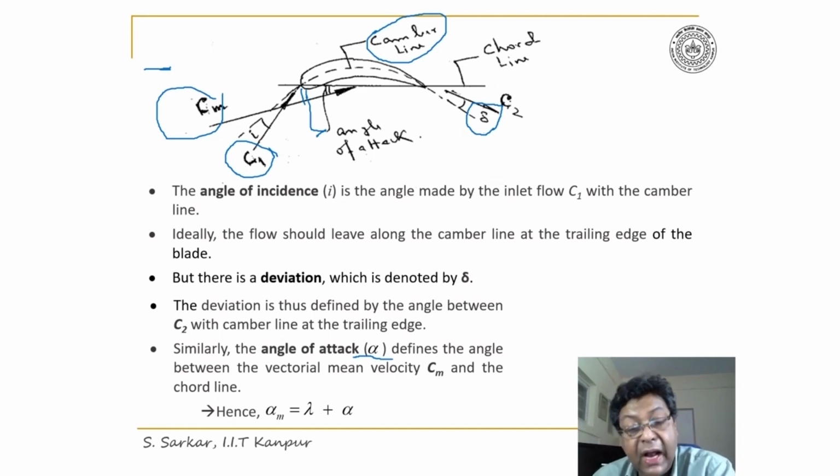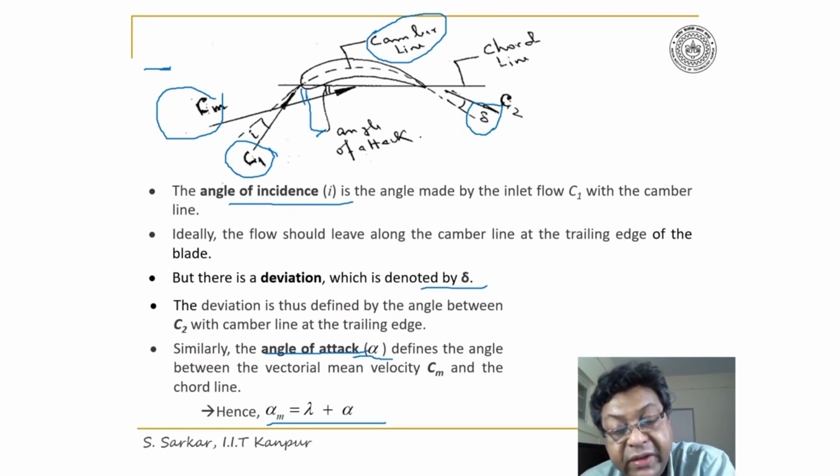Thus, alpha m, the vectorial mean angle, can be given as lambda plus alpha. Lambda is the stagger and alpha is the angle of attack. Thus, here I have defined angle of incidence I, deviation del, and angle of attack alpha.